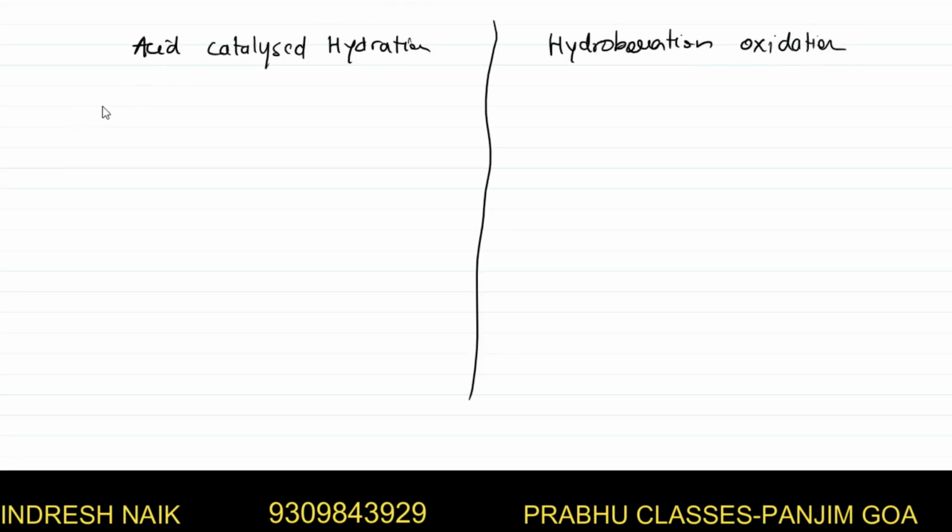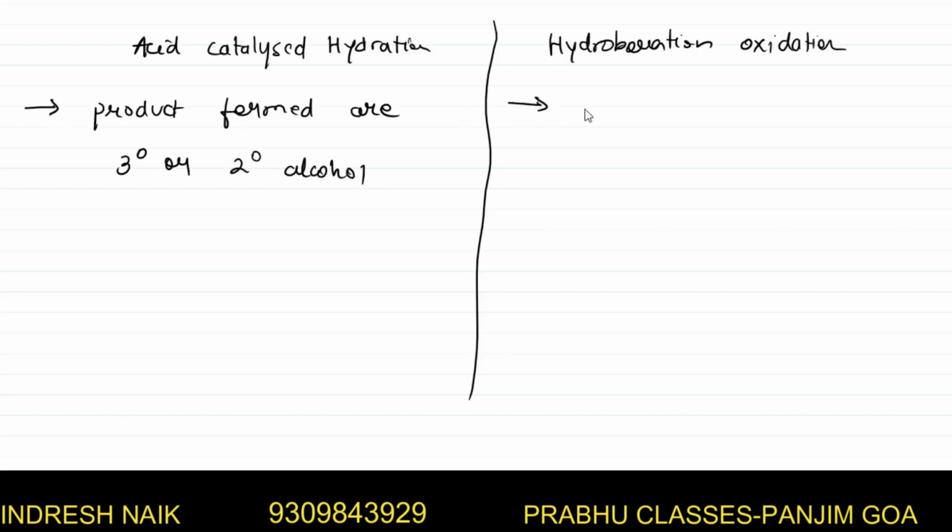Here the products formed, the major difference, are tertiary or secondary alcohol. Here, only primary alcohol.